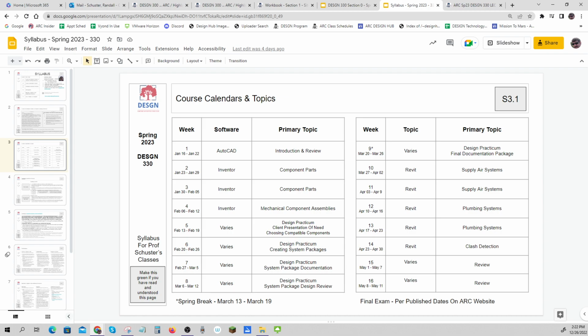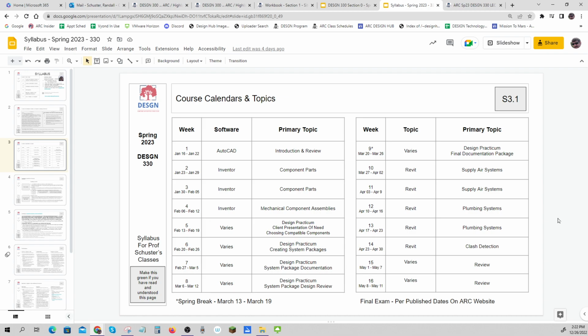Then we change a little bit from mechanical components, system components, to MEP, mechanical, electrical, plumbing for construction. We'll talk about, and these will all be in Revit, supply air systems, plumbing systems, and clash detection.